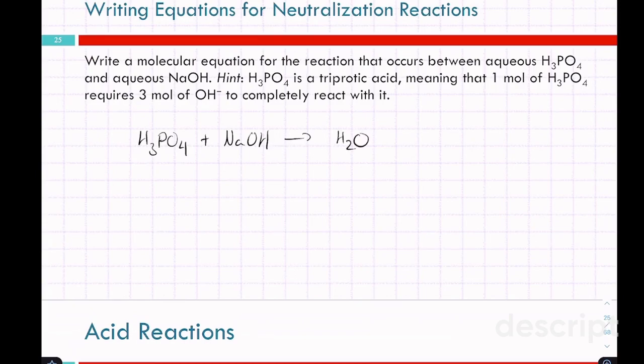And what would that leave behind? And we'll write the Na, so the metals are written first. So it'll be NaPO4. But what charge does phosphate have? -3. And that sodium's only a +1. So we need 3 sodiums. It's not quite balanced.